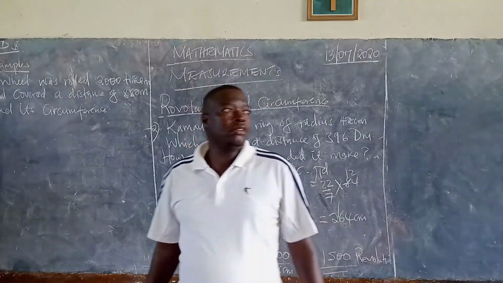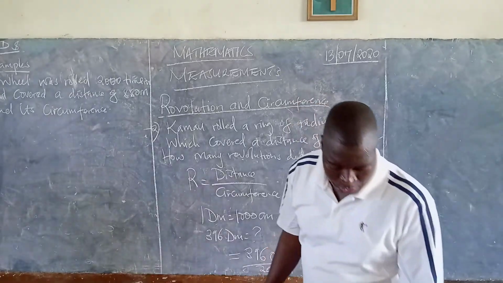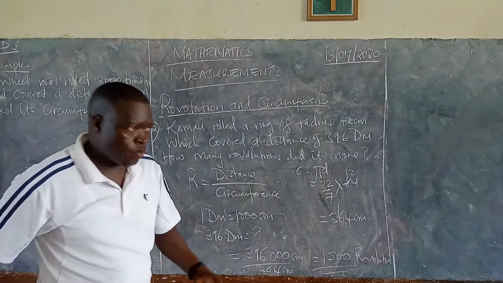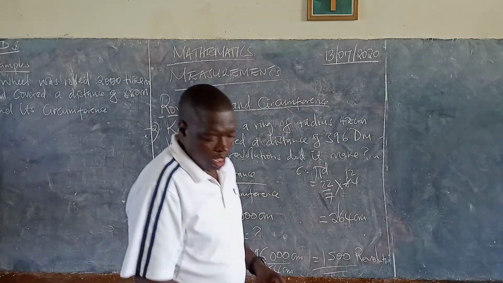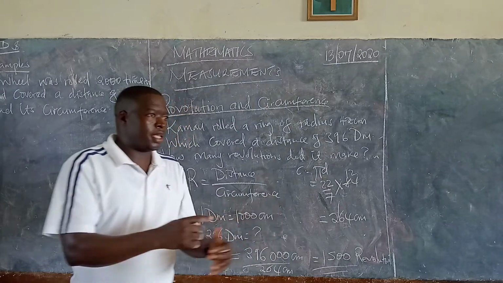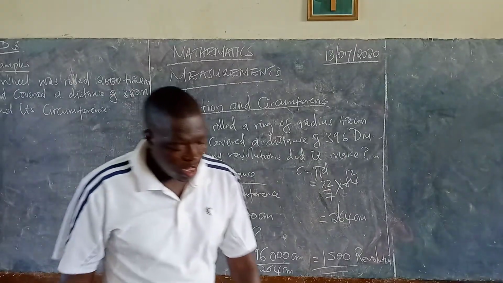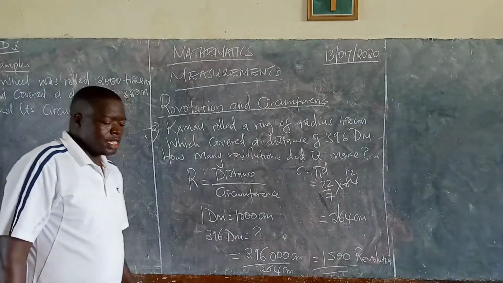The third example is quite different from the first two examples. We are saying that a wheel was rolled. So we are rolling this wheel 2,000 times, and the distance this wheel covers is 880 meters. Find the circumference.